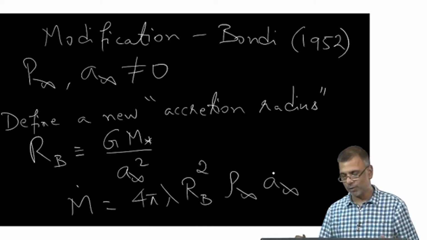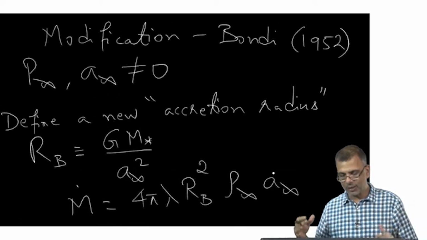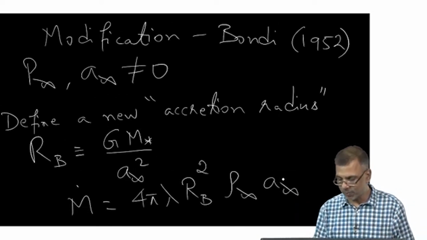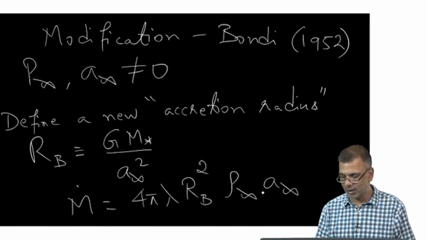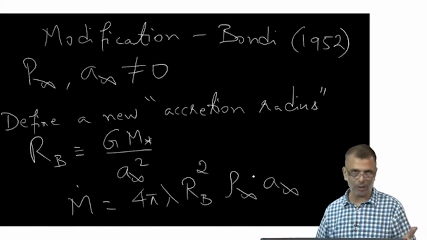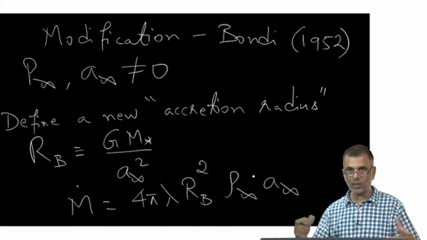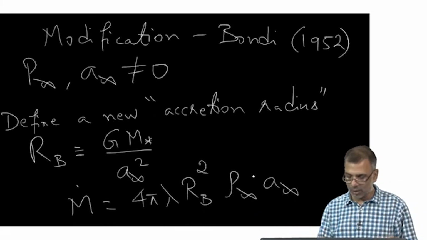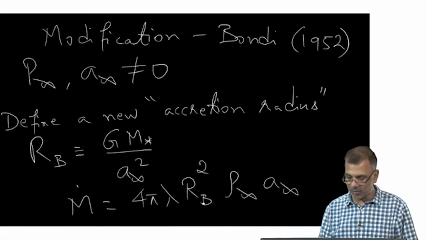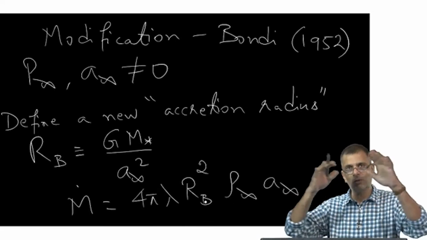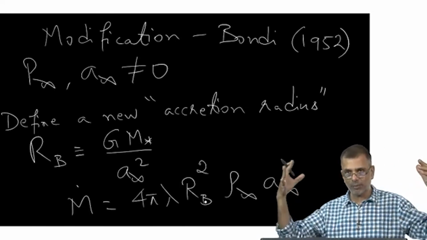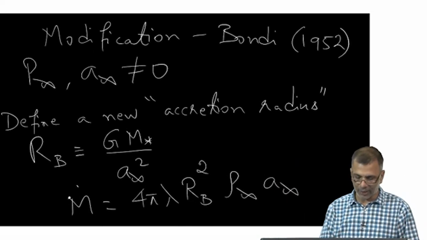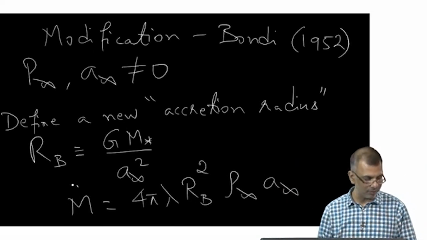So, it is as if gas with a speed equal to the sound speed at infinity and some density that exists at infinity is impinging on a sphere with radius R_B, and the amount of matter coming through the sphere per second is the accretion rate.